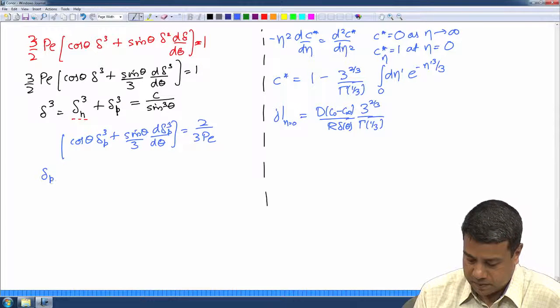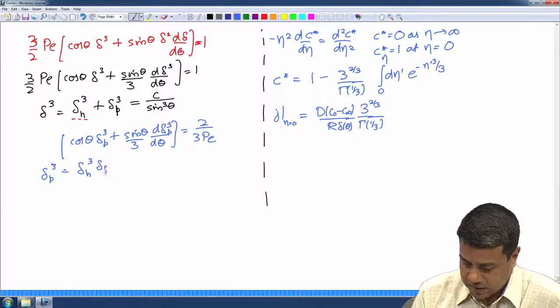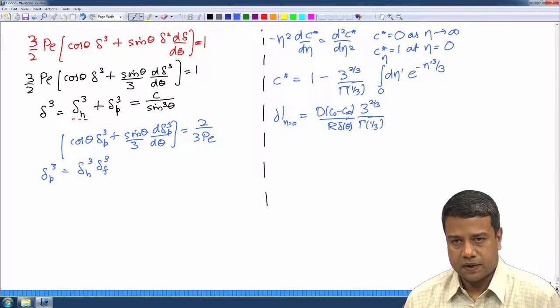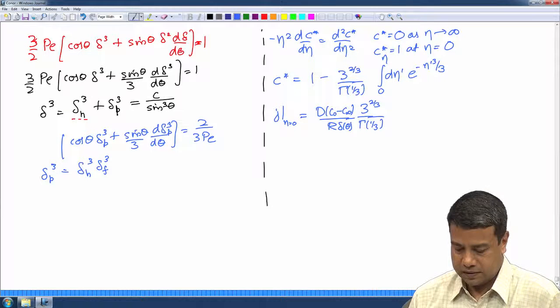We write down delta particular cubed is equal to delta homogeneous cubed times an integrating factor. We write the particular solution as the homogeneous solution times an integrating factor.